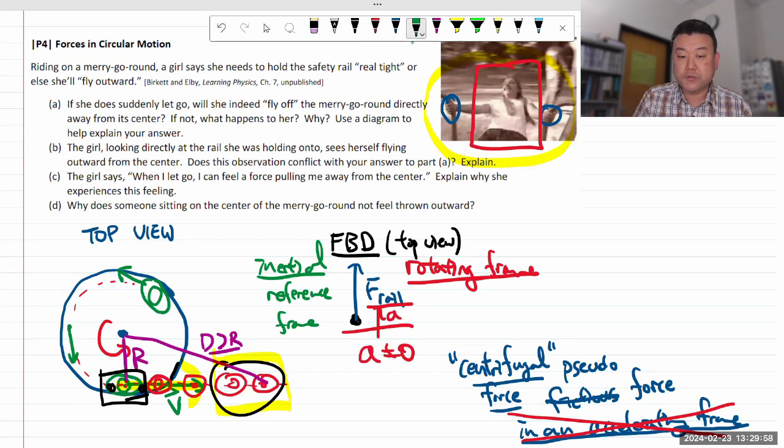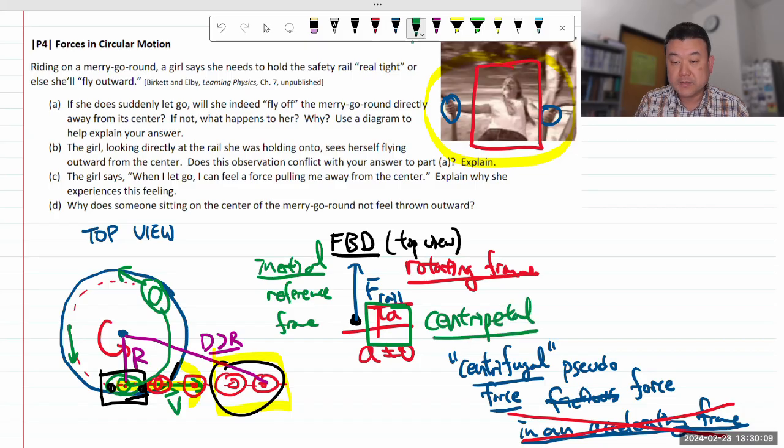That's where you have to remember that whenever something is moving in a circle, like this girl on the merry-go-round, there is going to be centripetal, center-seeking acceleration. Because your velocity is changing direction, even when the speed remains the same, there's a change of velocity pointed towards the center of the circle.